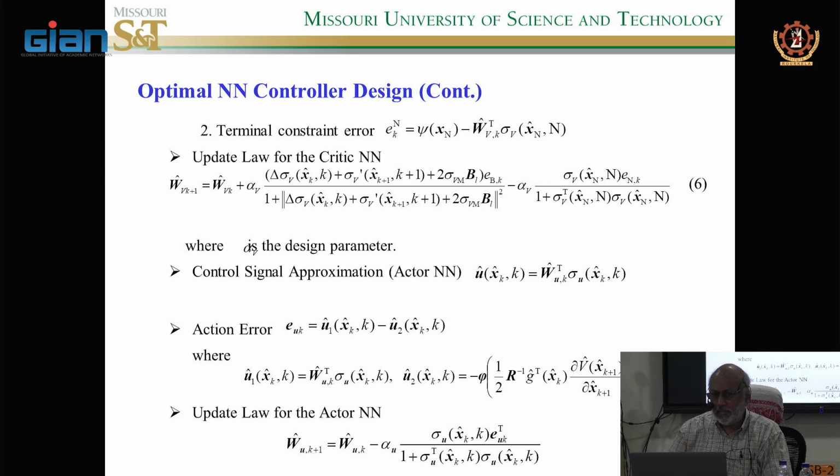Alright? So here is the terminal constraint error, and so the update law now uses the estimated state, the non-quadratic functional, and so this is the update law. Then you also do similarly, you also do the control input approximation, control input error, u1 hat minus u2 hat. Now look at that, it uses the x hat, which is the observer state, okay? And then you are also updating the action network, which uses the input error, remember EUK here.